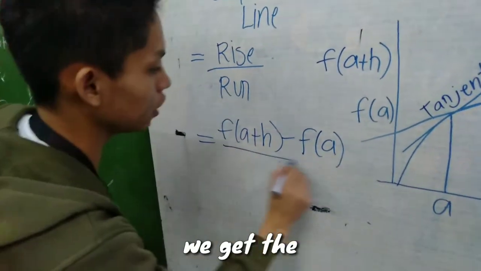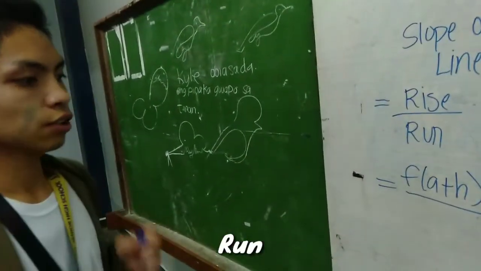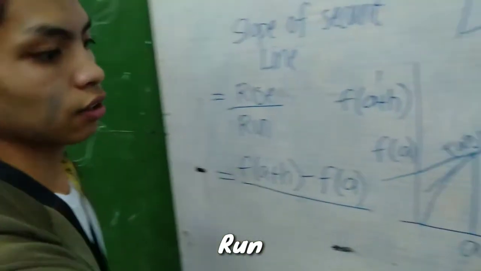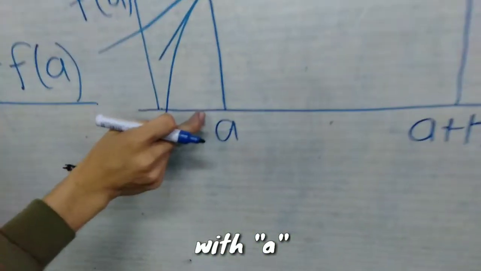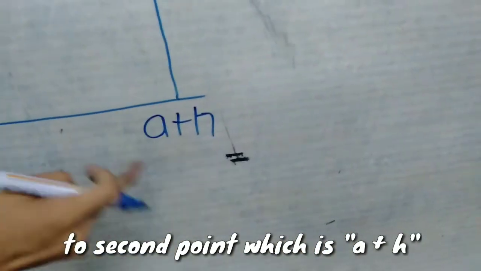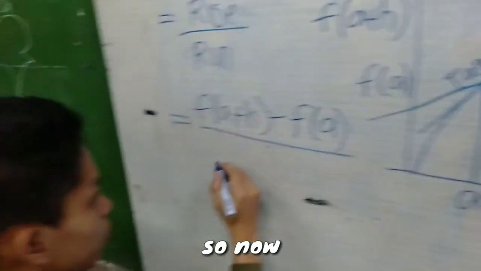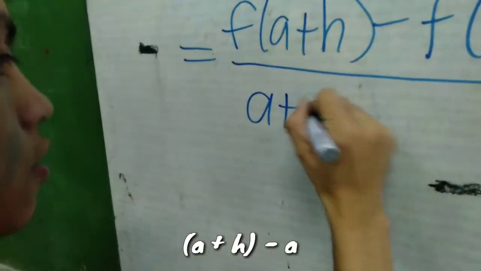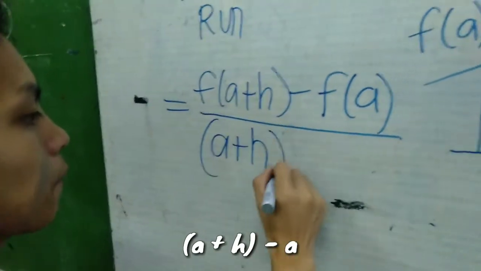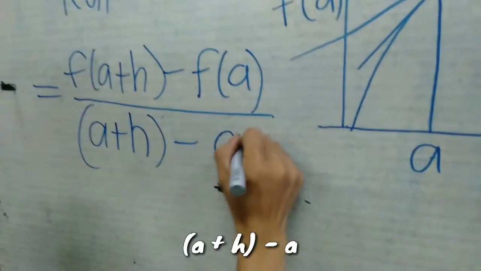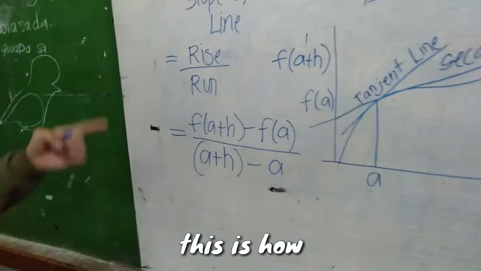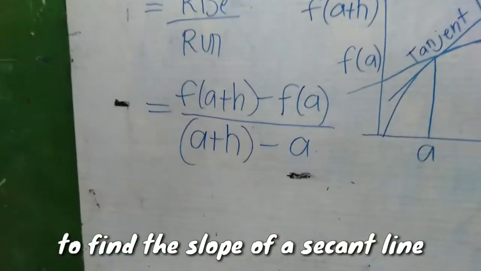So now we get the run. The run is from point A to the second point, which is A plus H. So now A plus H minus A. So this is how to find the slope of the second line.